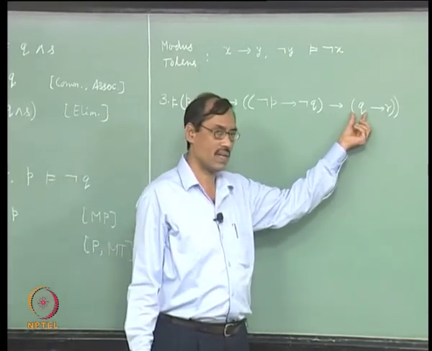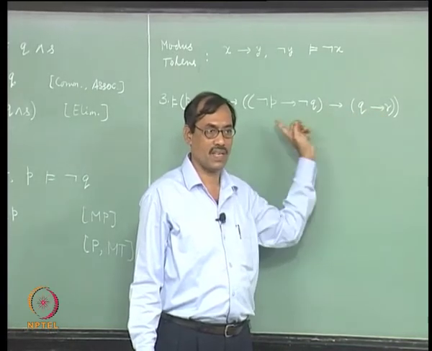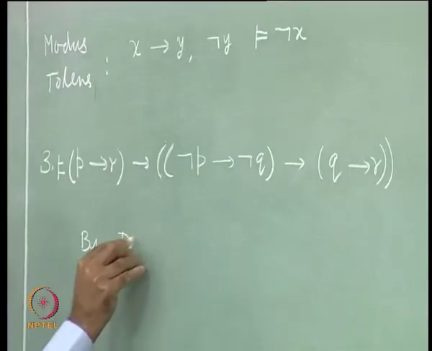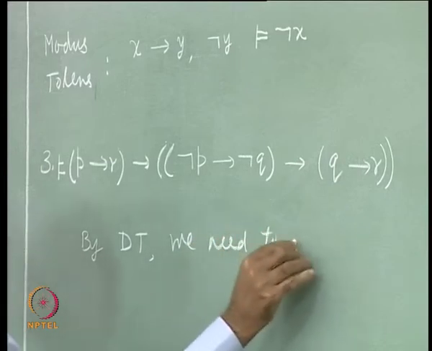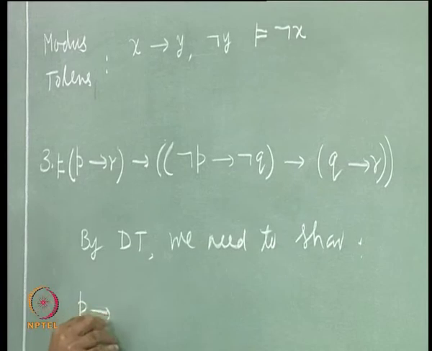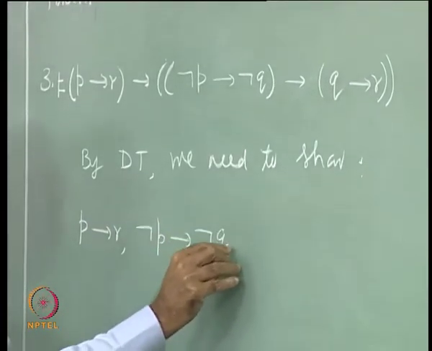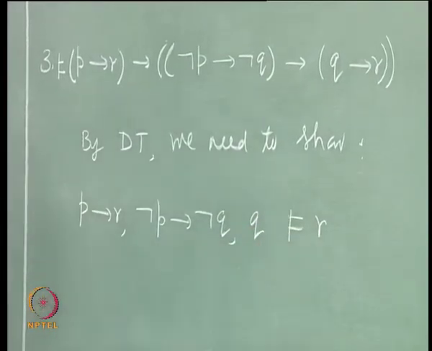So, you can take Q again as a premise and prove only R. It is a serial implication. So, that means by the deduction theorem we need to show that P implies R, then not P implies not Q, Q entails R. Is it clear?